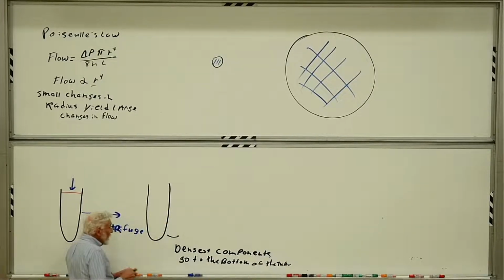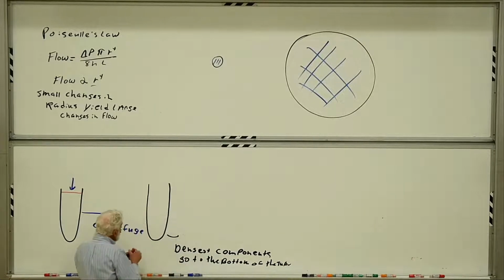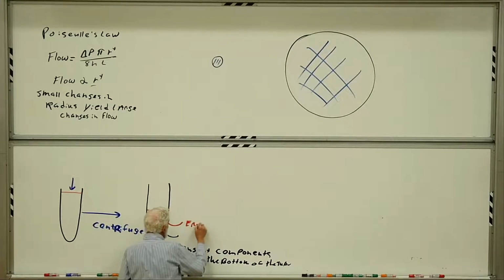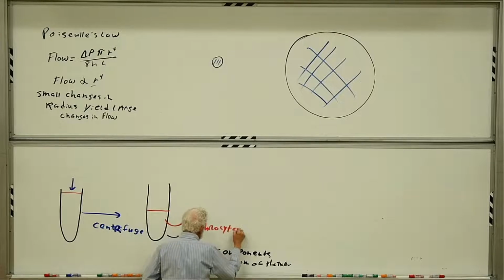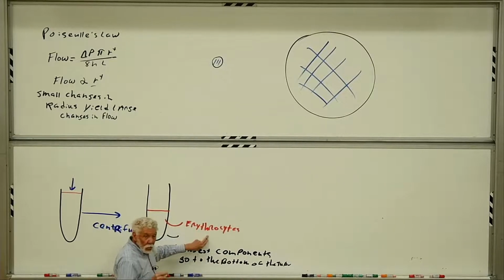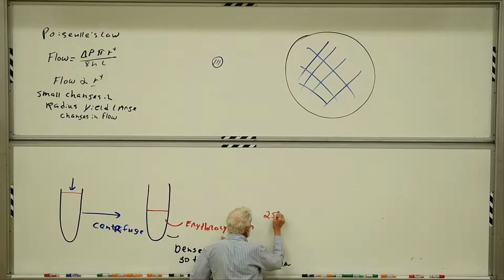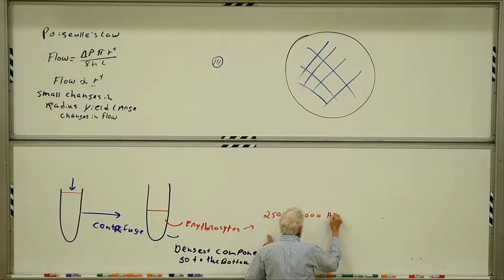Well, what's going to be the densest component of the blood is going to be the erythrocytes. Erythrocytes are denser than other cells because each erythrocyte contains about 250 million hemoglobin molecules.